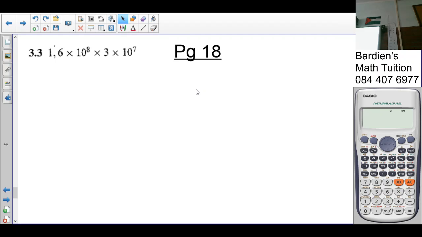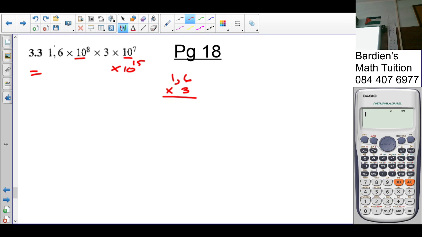When you multiply and the bases are the same, what do you do to the exponents? You add. So 10 to the 8 times 10 to the 7 will give you 10 to the 15. Not so? But that's going to be 1,6 times 3. 3 times 6 is 18, carry 1. 3 times 1 is 3 plus 1 is 4. How many digits are after the comma? 1. So the comma goes there. So it's 4,8 times 10 to the 5th.